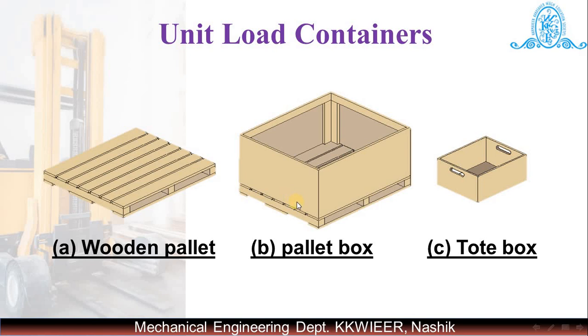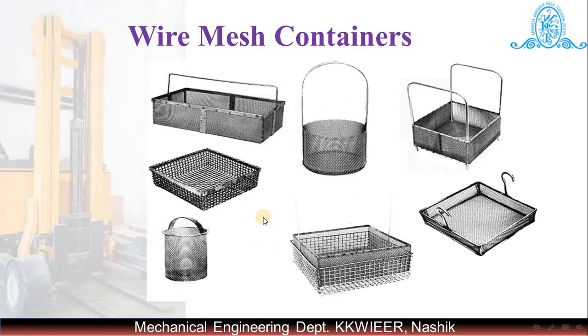But there is not always flexibility that every type of product will be transferred in all these three types of containers. So sometimes we require different types of containers. As we can see on this slide, some mesh type structure containers are there. We call them wire mesh containers. Wire mesh and solid containers have some difference.